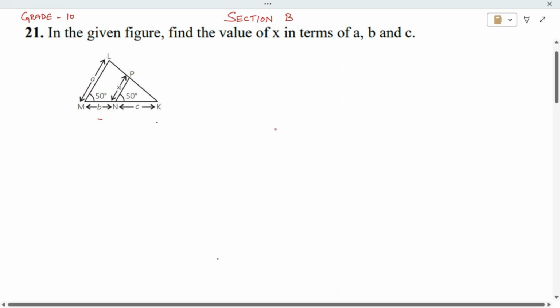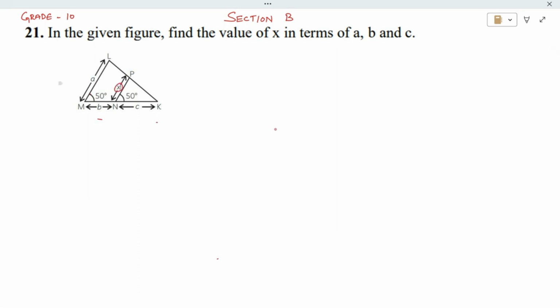Question number 21. In the given figure, find the value of x in terms of a, b, and c. So I have to represent x in terms of a, b, and c. First, let me consider the two triangles KNP and KLM. Here angle K is equal to angle K because it is a common vertex, and angle PNK is equal to angle LMN.